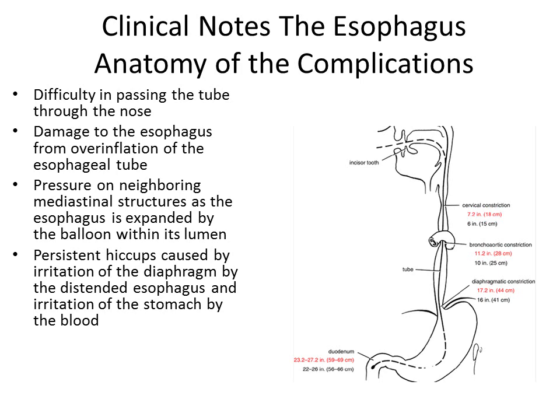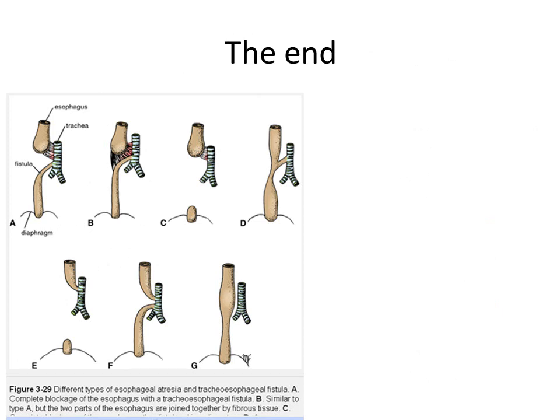There are also other conditions, such as esophageal atresia and tracheoesophageal fistula, which cause different anatomical variations. And thank you for your listening.